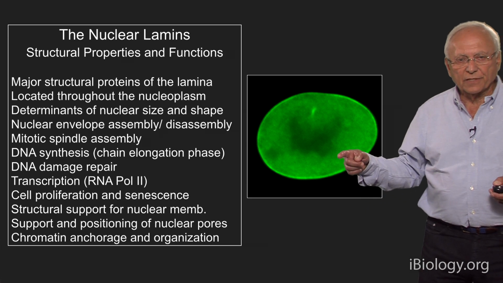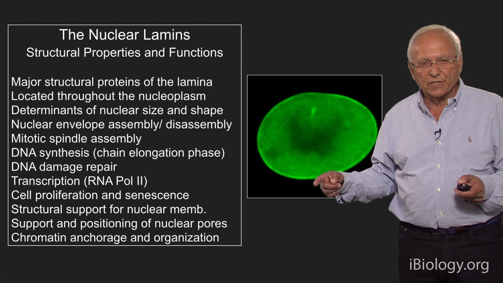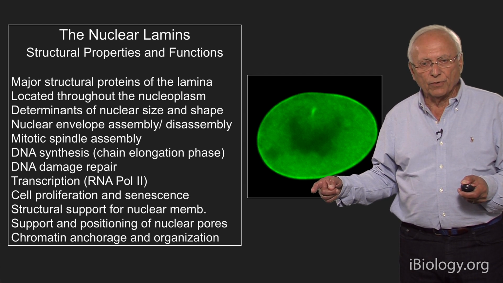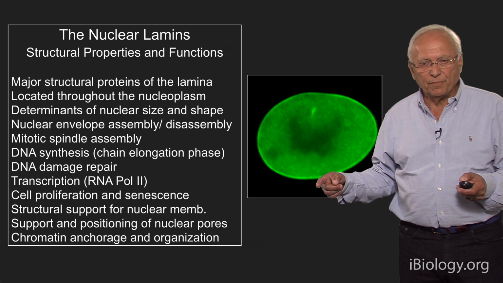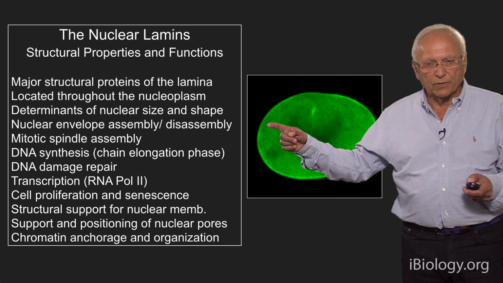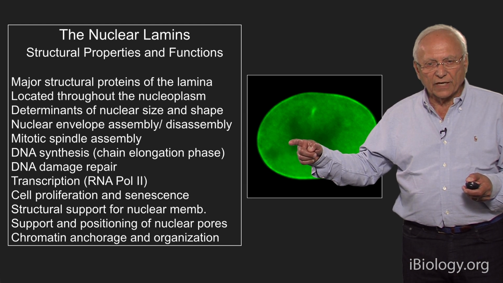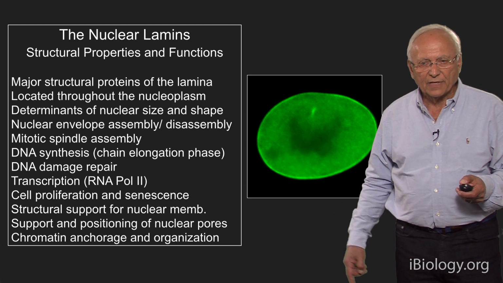The nuclear lamins have structural properties and functions which are not dissimilar from the intermediate filaments in the cytoplasm, but now we know many more specific possible functions for these proteins in the nucleus. And they certainly are major structural proteins of the lamina, which is surrounding the edge of the nucleus. They're also located throughout the nucleoplasm.